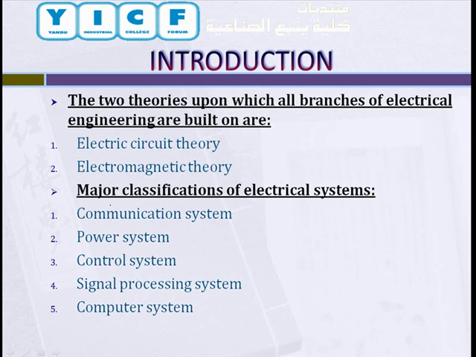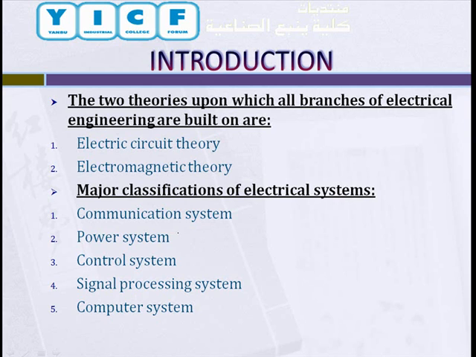Okay, now there is a major classification of electrical systems, which you can see now, with the definition of each one, so that you can find the one that is suited to your needs.